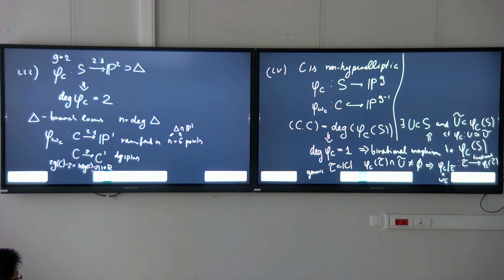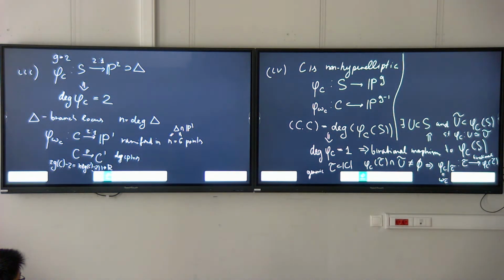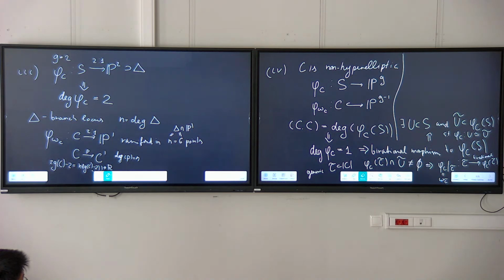But then it is excluded for all curves in this linear system, they are not hyperelliptic, not only for generic. Is it possible that in this linear system there is only one hyperelliptic curve? I think that it's impossible because we have a birational map.